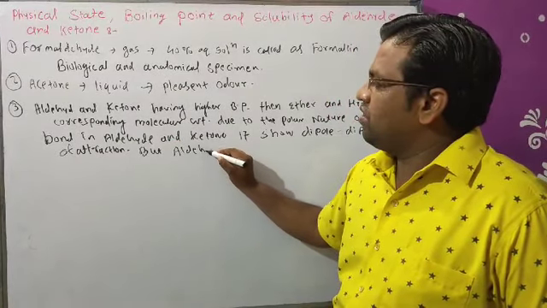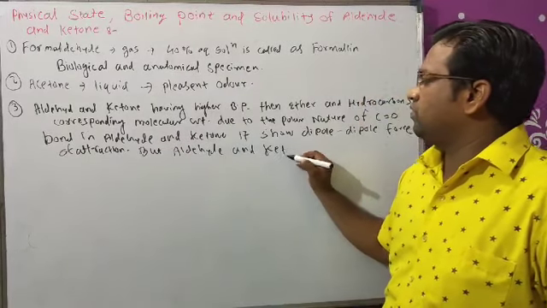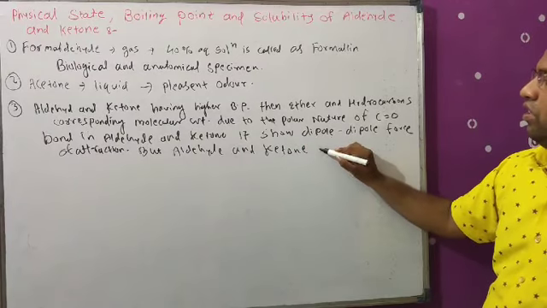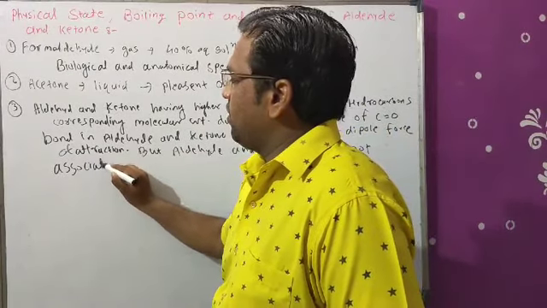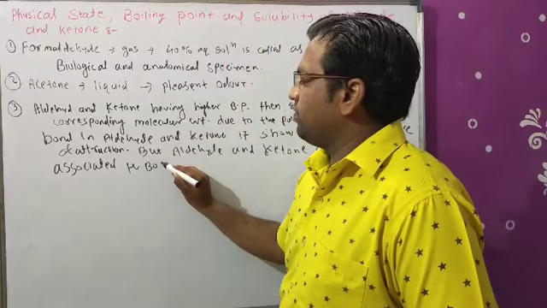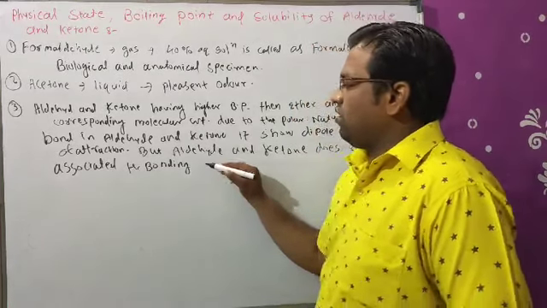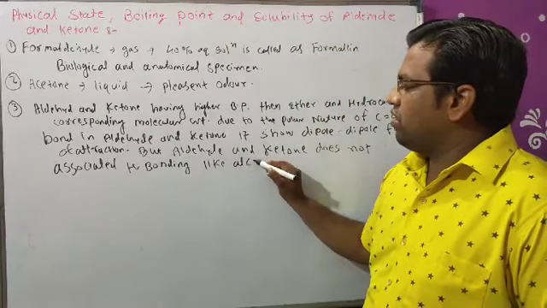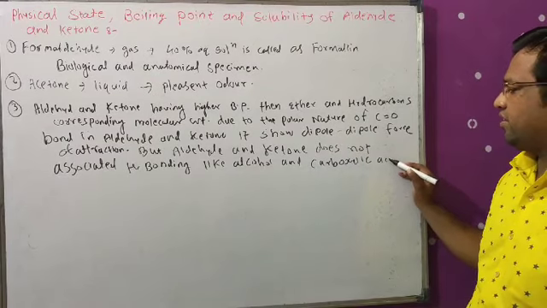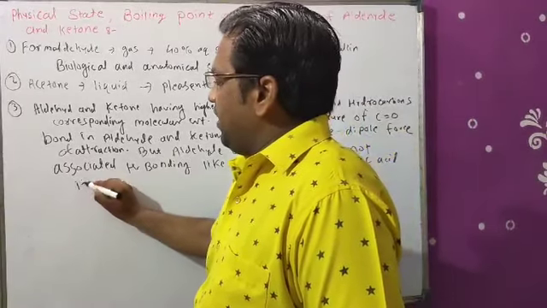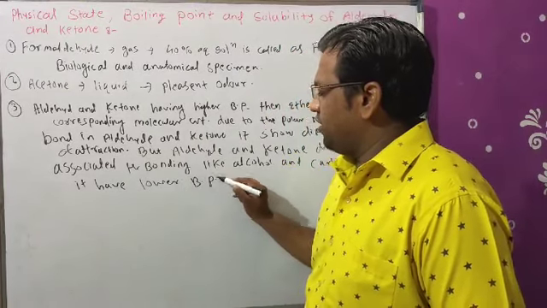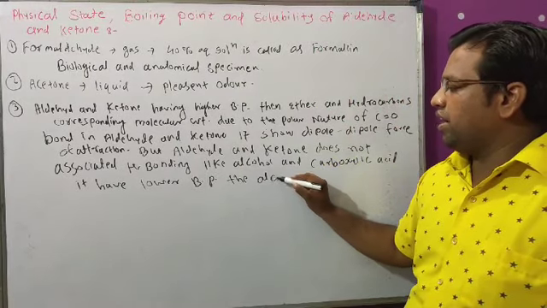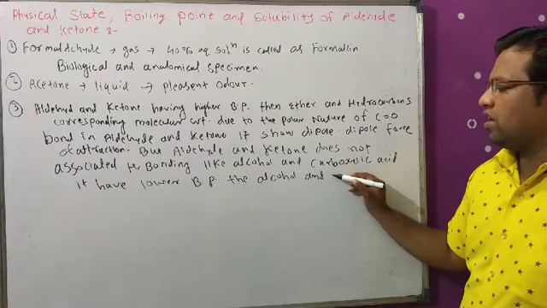But aldehyde and ketone are not associated with hydrogen bonding like alcohol and carboxylic acid, therefore aldehyde and ketone have a lower boiling point than alcohol and carboxylic acid.